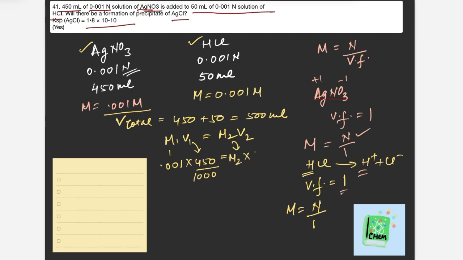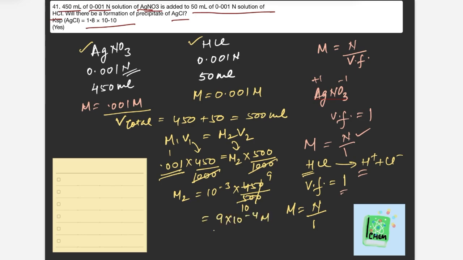New volume is 500 milliliter divided by 1000, it will become liters. 1000 cancels, and solving, the value of M2 will be equal to 0.001, which can be written as 10 to the power minus 3, multiplied by 450 divided by 500. So 0 cancels, 5 tens are 50, 5 nines are 45. This becomes 9 into 10 to the power minus 4 M. This is the molarity of AgNO3 solution.